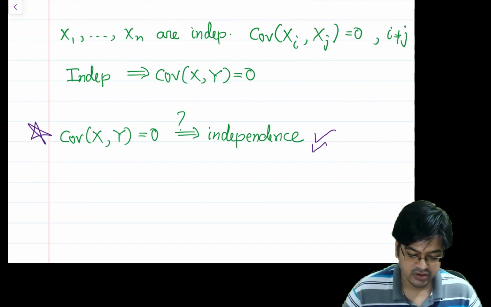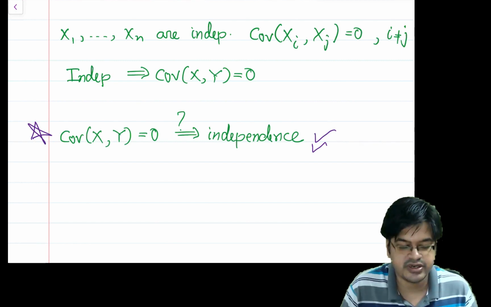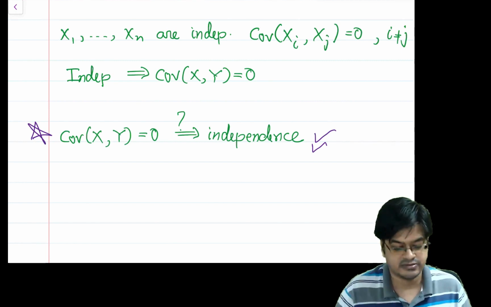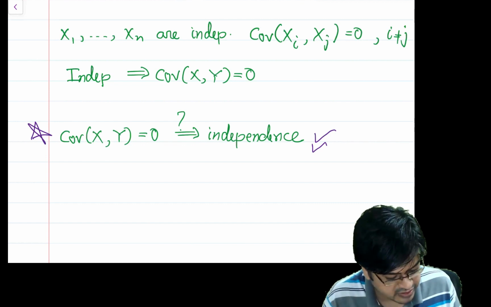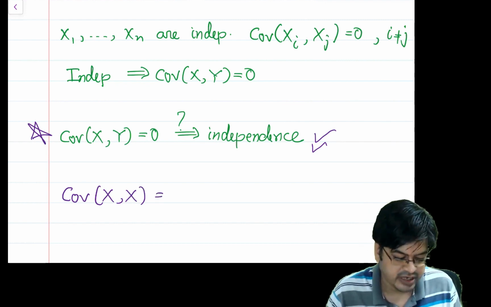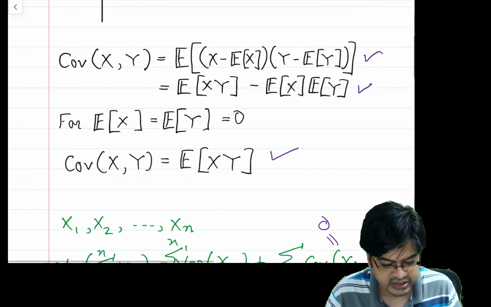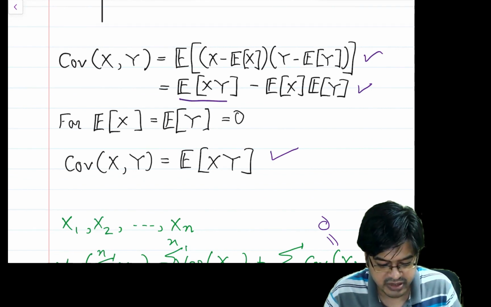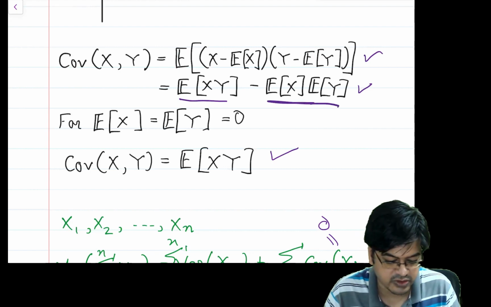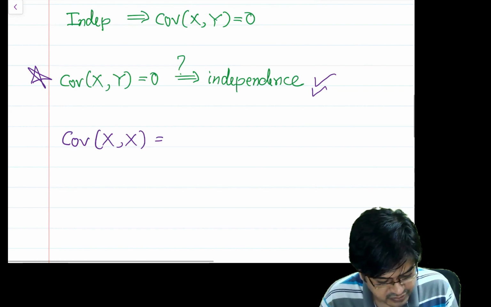Okay. Now covariance has a similar problem in terms of unit as the variance was facing. Okay, let us observe one more fact. What is covariance of xx? By definition, it is expected value of x square minus expected value of x the whole square, which is essentially the variance of x.